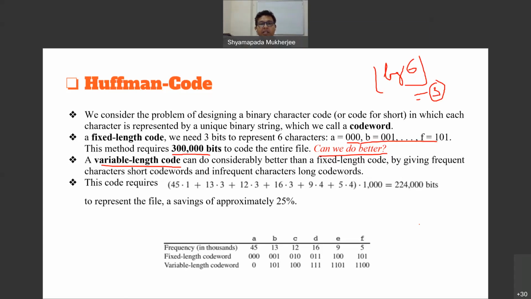Obviously, when a frequent character is represented by very few bits, the number of bits we need to encode the entire file will be lesser.